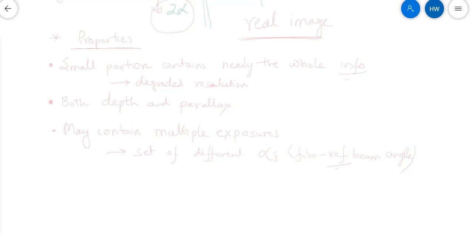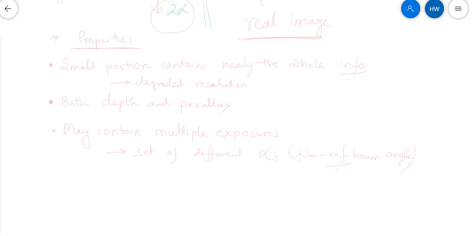So you see, I would be able to record multiple amounts of information on the same film, probably with just varying the angles of the reference beams. If I now come in with a reference beam at different angles, I'll be able to project out the different information which is recorded at those particular angles. So the amount of information that can be packed inside a hologram can be quite immense.